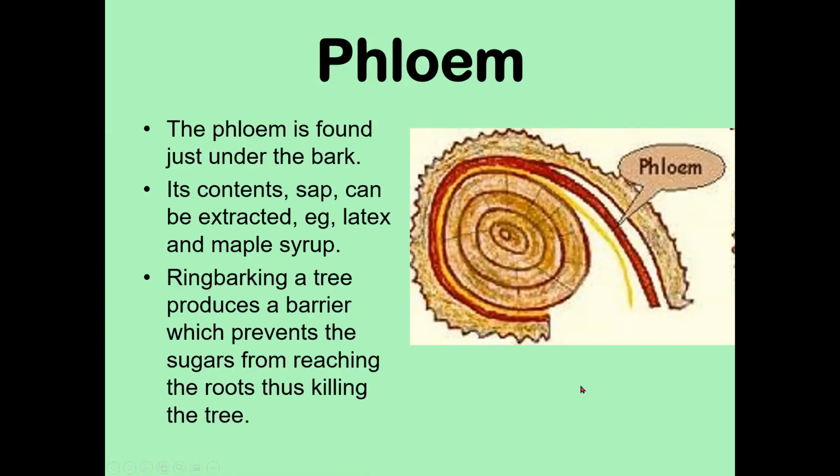Now, ring barking a tree produces a barrier. If you ring bark, you take a section, it could only be a few centimeters in height, then the phloem, which is just under the bark, can't flow, and the roots don't get any nutrients that have come down from the leaves. So then the roots are dead.